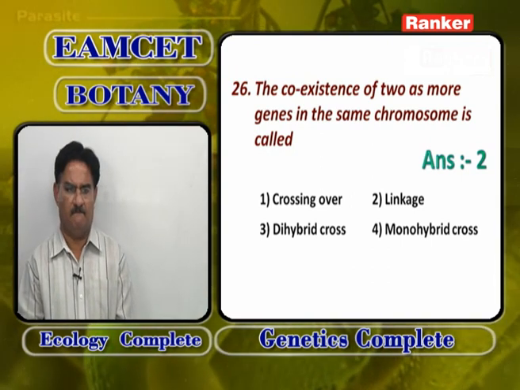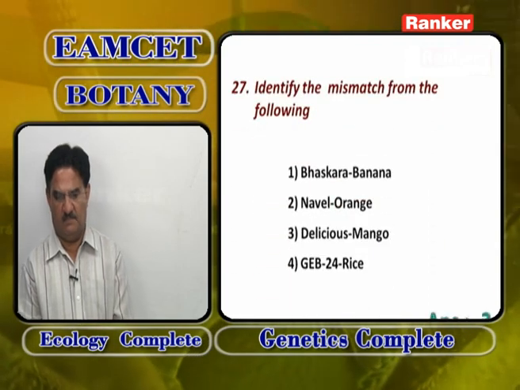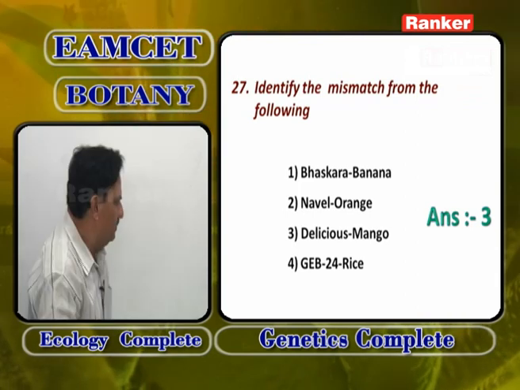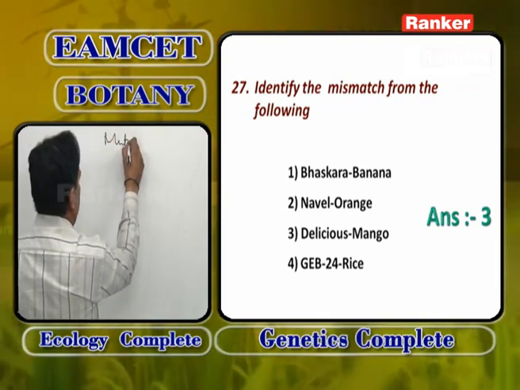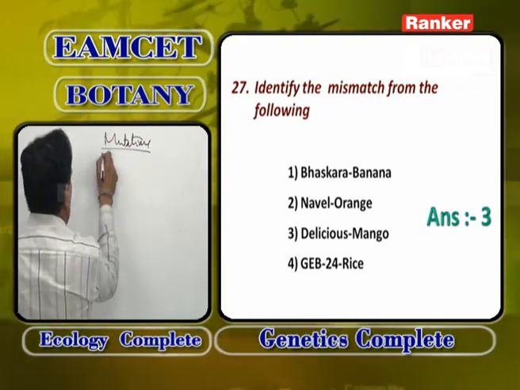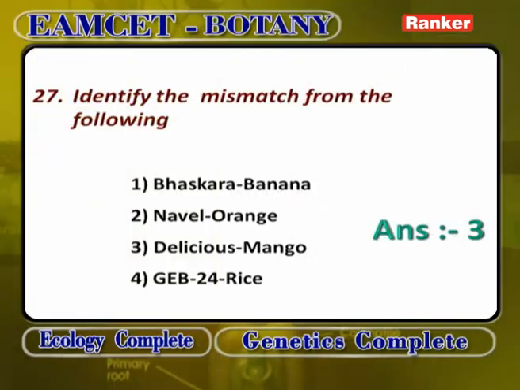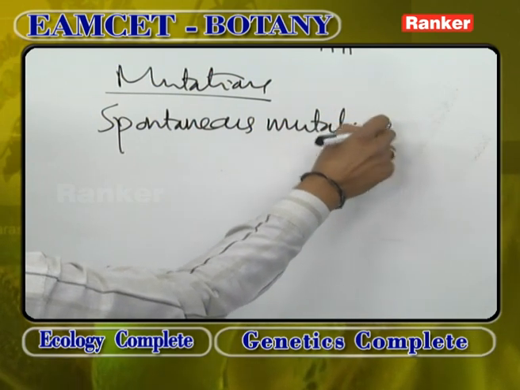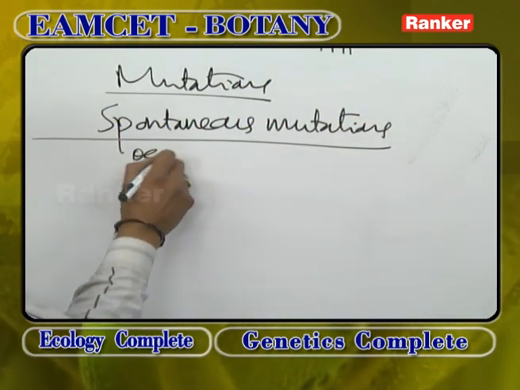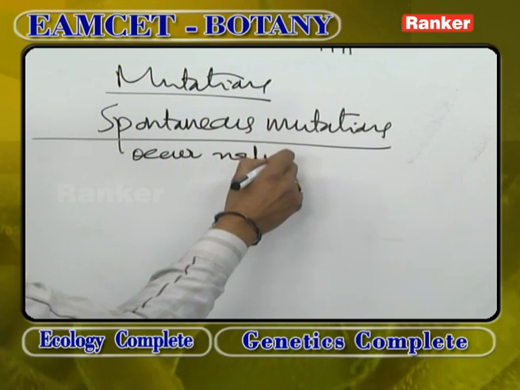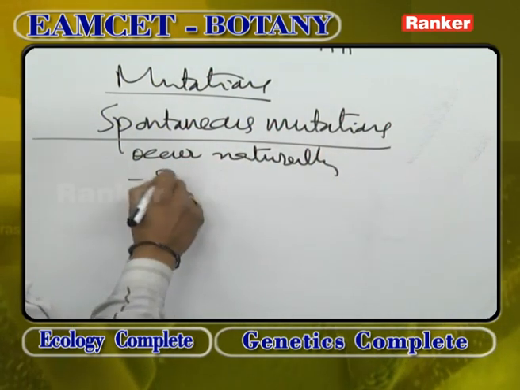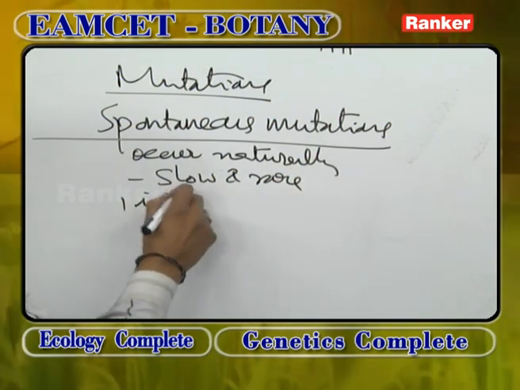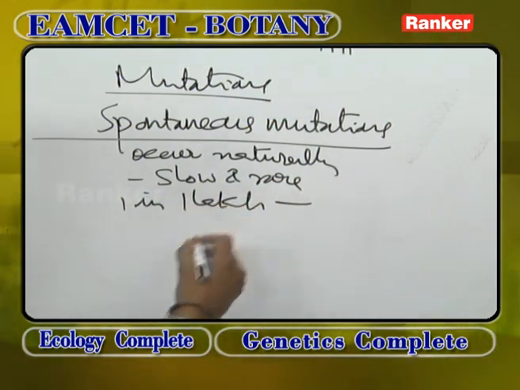Next, identify the mismatch in the following: spontaneous mutations. Spontaneous mutations occur naturally. The occurrence is very slow and rare. 1 in 1 lakh may show this mutation.